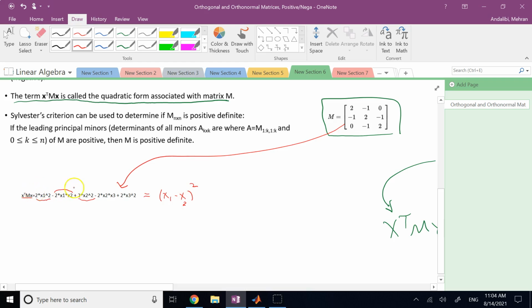Then you can take the other x2 squared and 1 x3 squared and the term negative 2x2 x3 and make it x2 minus x3 squared. And then there is 1 x1 squared left and 1 x3 squared left, so you can write it like this.